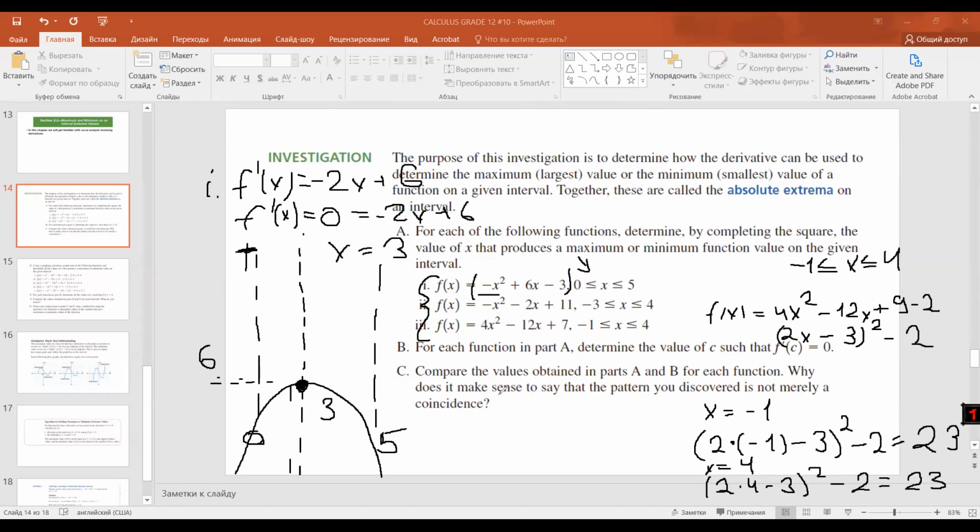When you find where the derivative equals 0, it means you're looking for a point where the tangent line is horizontal, and it's horizontal at the point of extrema. Same for a normal vertex, a normal parabola. The minimum extrema would be at this point where the tangent line has slope equals 0. Make sense? And remember what a derivative is.